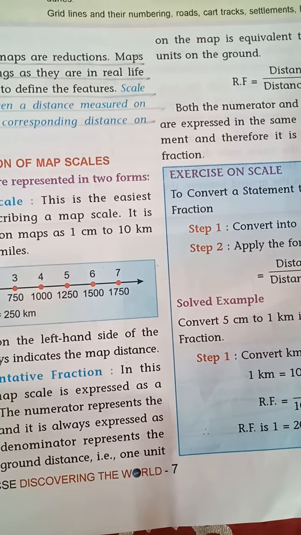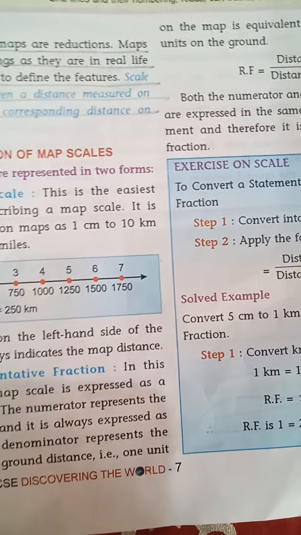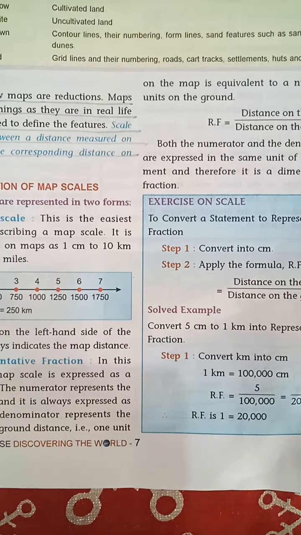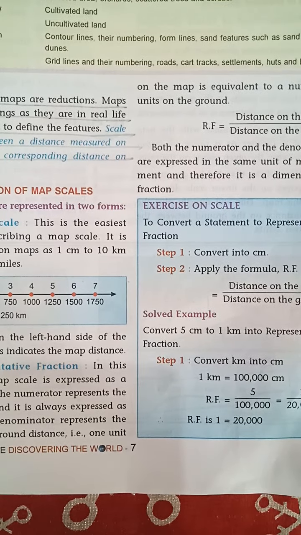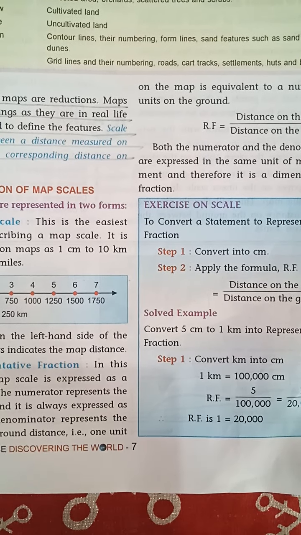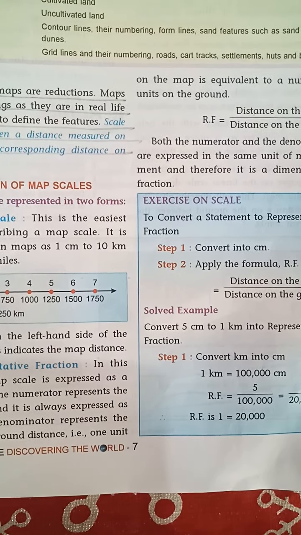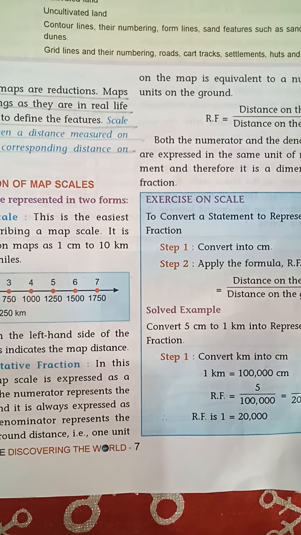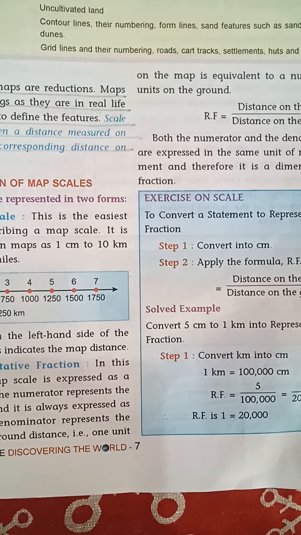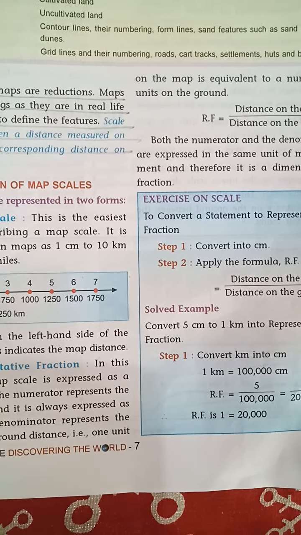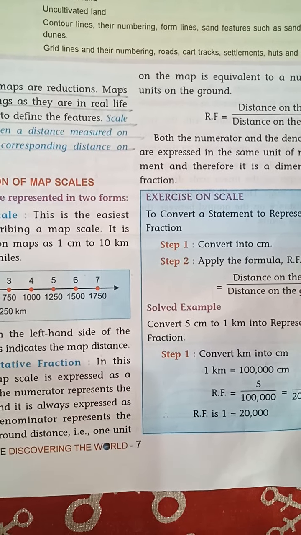The denominator represents the corresponding ground distance. That is, 1 unit on the map is equivalent to a number of units on the ground. So, RF will equal distance on the map upon distance on the ground.